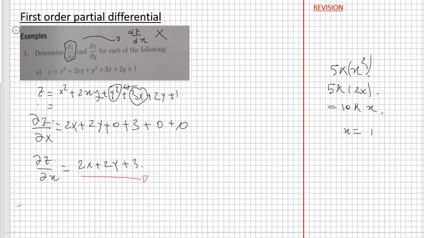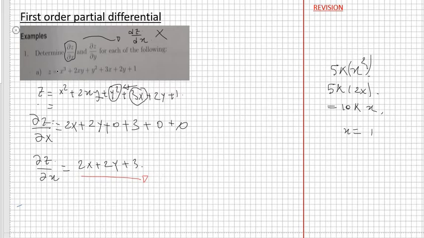The second sub-question is to derive the function z with respect to y. So I have the same function, which is z is equal to x cube. So here we actually have x cube, not x square.